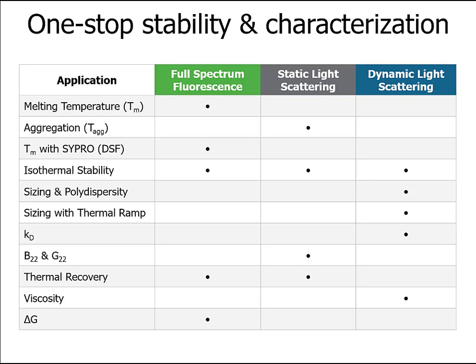For the UNCLE, dynamic light scattering also uncovers a protein's size and polydispersity, and DLS or SLS can look at nonspecific self-interactions with B22, T22, and KD. So in short, this table of applications shows all the ways UNCLE gives insight into a protein's stability and aggregation behavior.